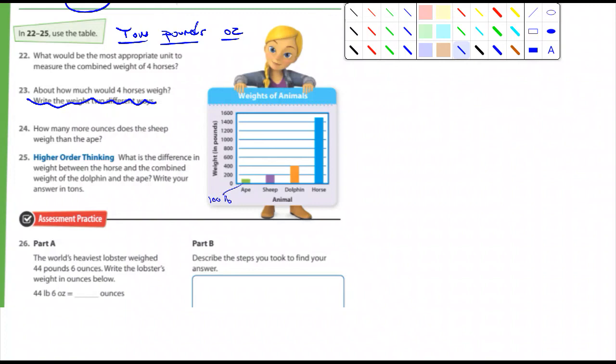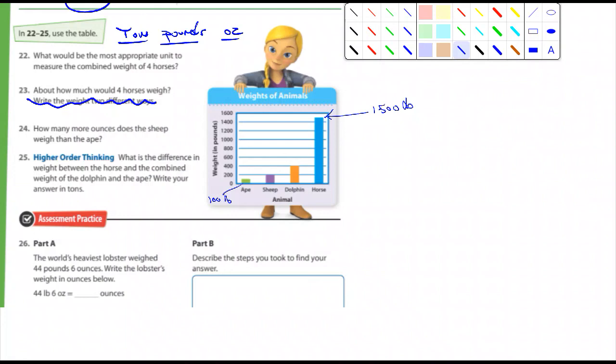And then, looking at the horse here, how much does the average horse weigh? 1,500 pounds. Okay, so I just wanted to make that clear. That's what you would use when you figure these out.